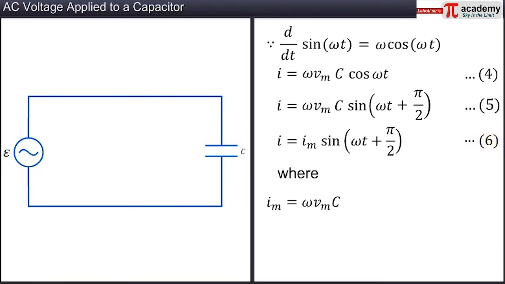The amplitude of the current, Im, can also be expressed as the amplitude of voltage, Vm, divided by 1 by omega C. Let this be equation 7.